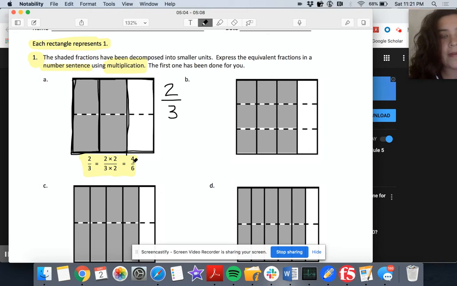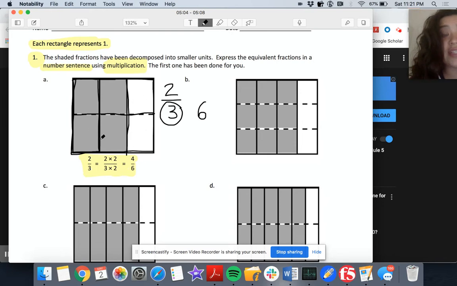And then what they went ahead and did is they cut it 1 time horizontally. So now, instead of having 3 total figures in this one shape, or I've been calling them chocolate bars, in this one chocolate bar, it now turns into 6 total. 1, 2, 3, 4, 5, 6.